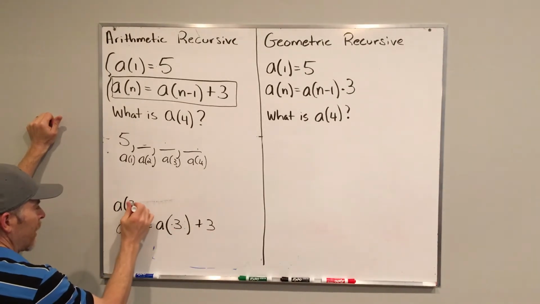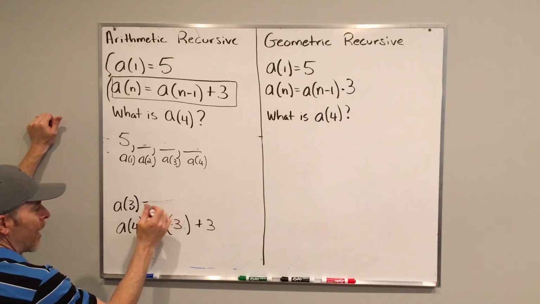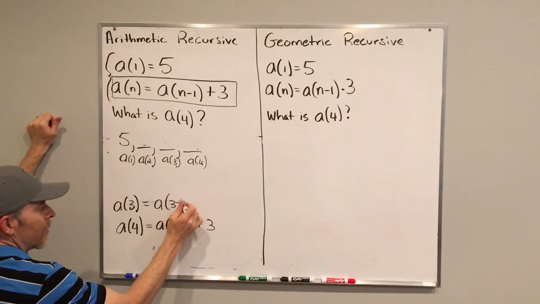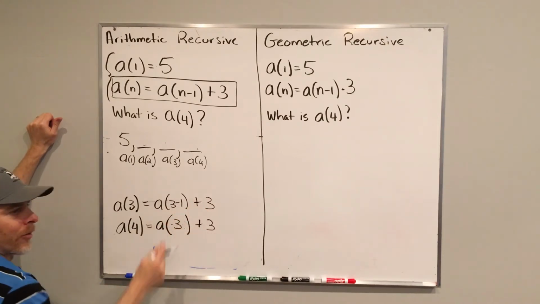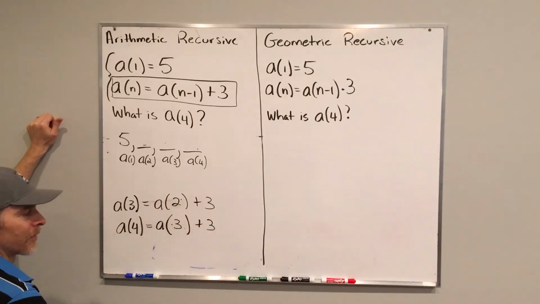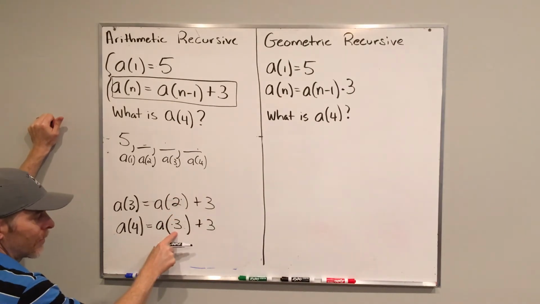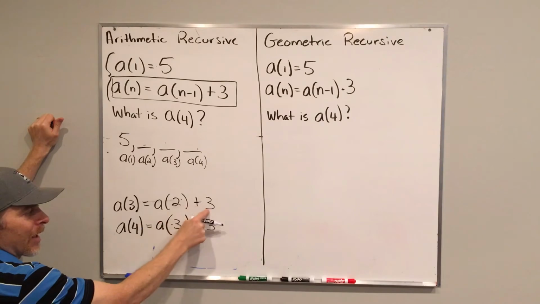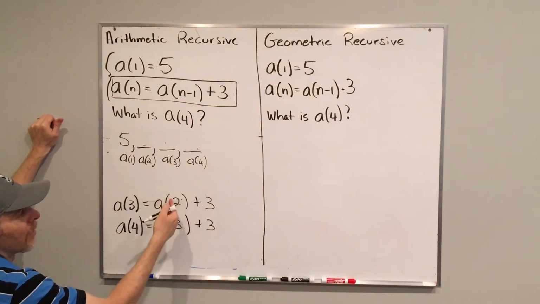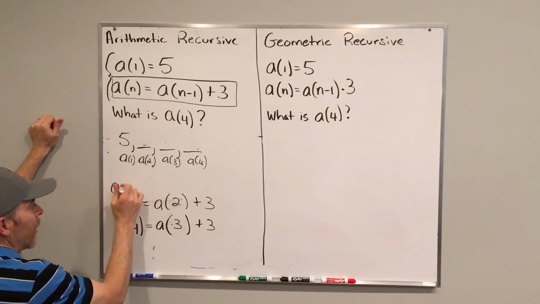Well, I get the third term by taking a of 3 minus 1 and adding 3. Well, what is 3 minus 1? That gives me the second term. Well, that makes sense. If I want the third term, I take the second term and add 3. Okay, well, I don't know what the second term is, so I need to find it.